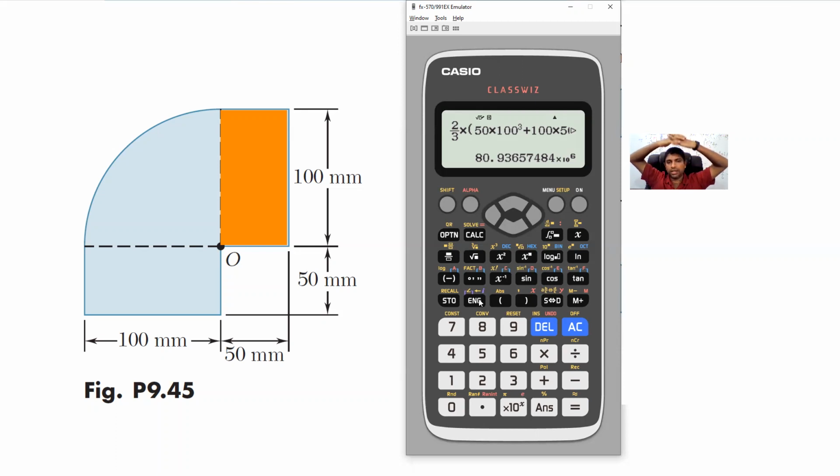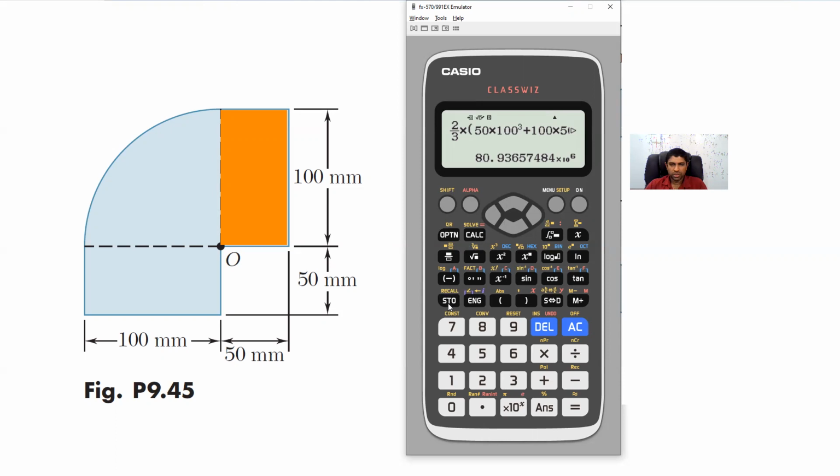We have to find the centroid of this plane area, and we can use the parallel axis theorem in polar form to find the IC. So the first thing is we have to find the centroid.